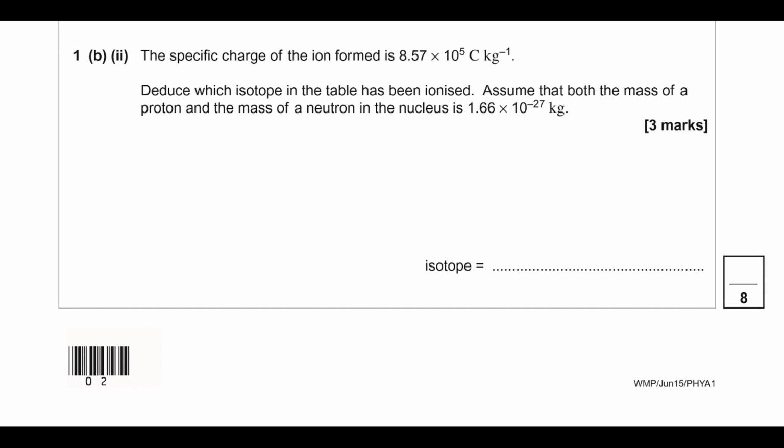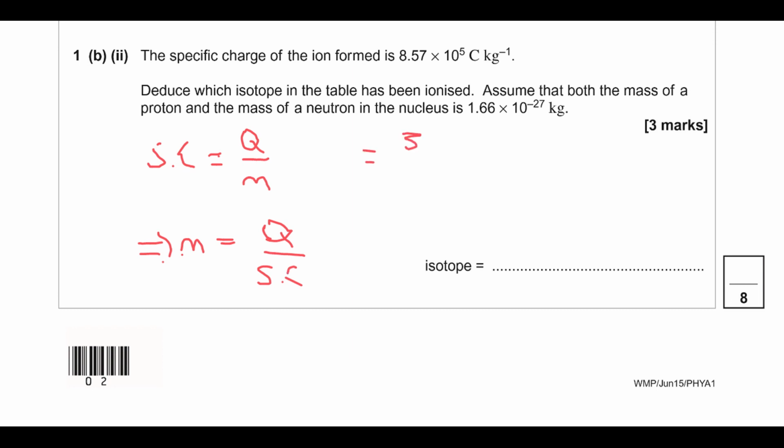So we know its charge and we know its specific charge, so the general equation is in this form here, charge divided by mass. So if we want to get mass, we need to divide the charge by the specific charge.